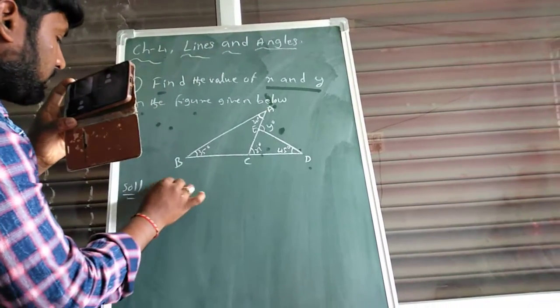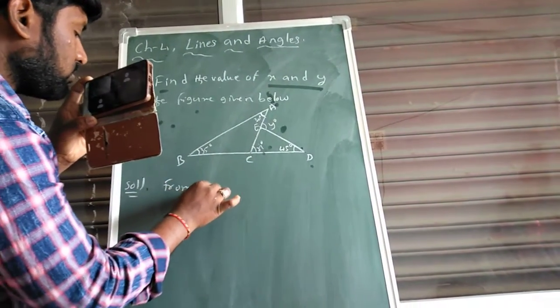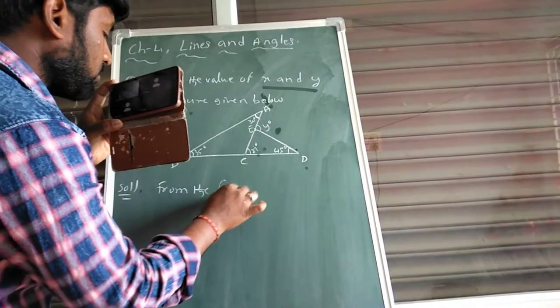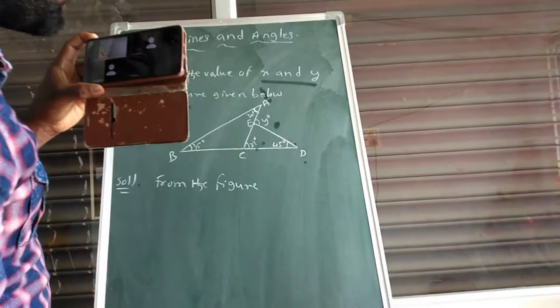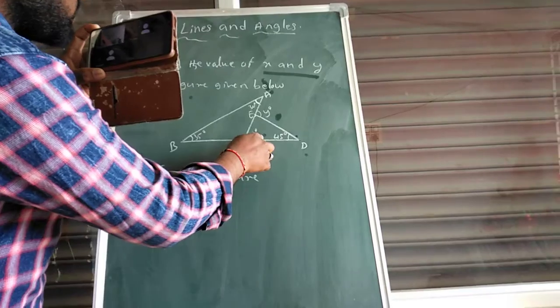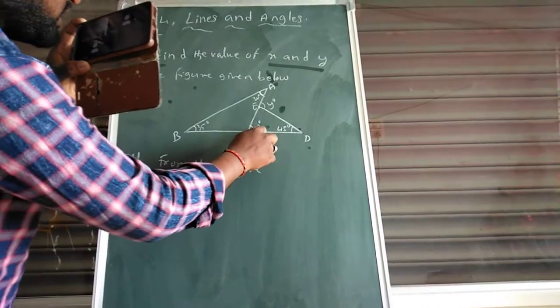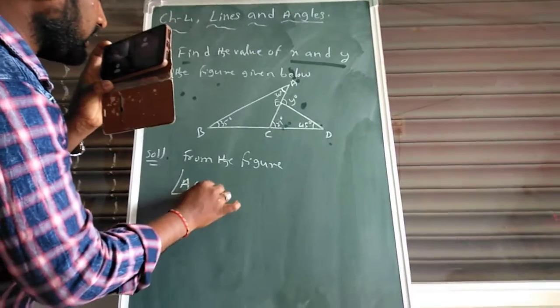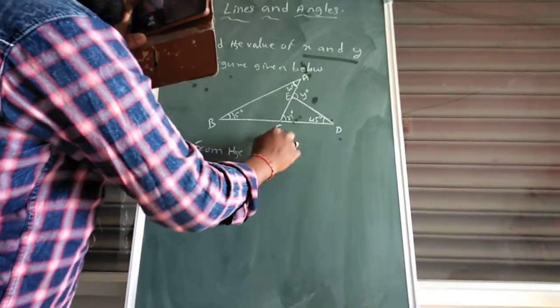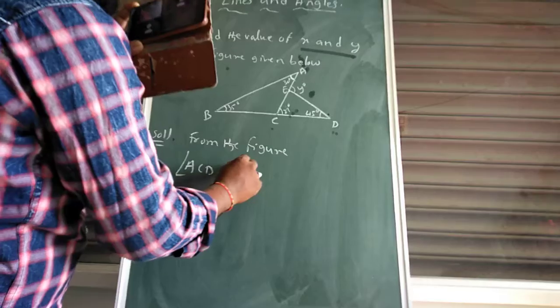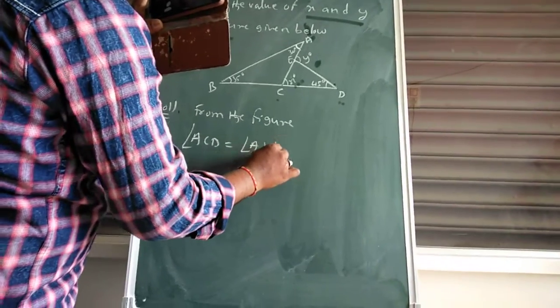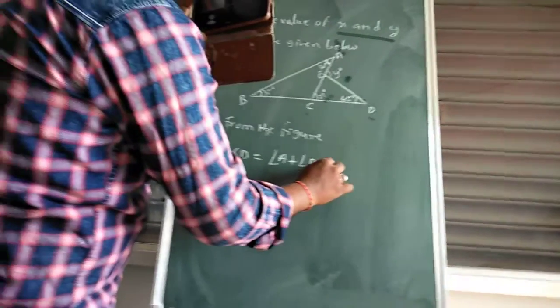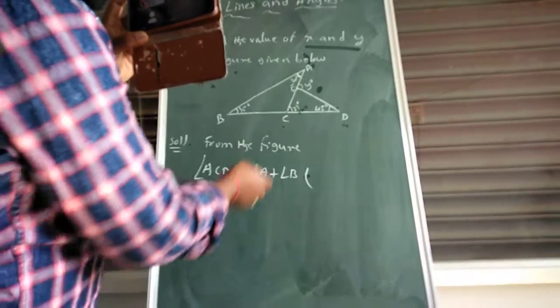From the figure, x degrees is equal to angle ACD, which is equal to angle A plus angle B. Try to observe, children.